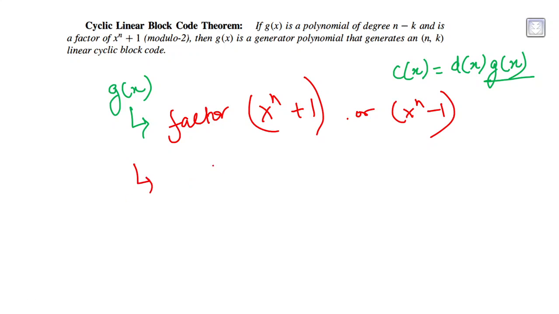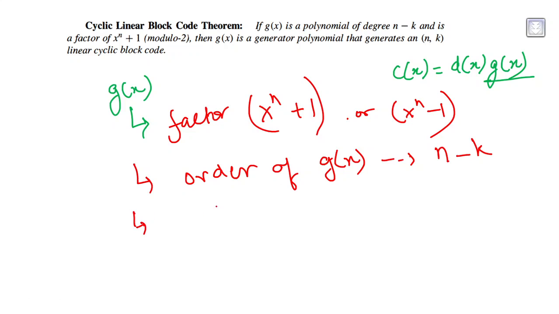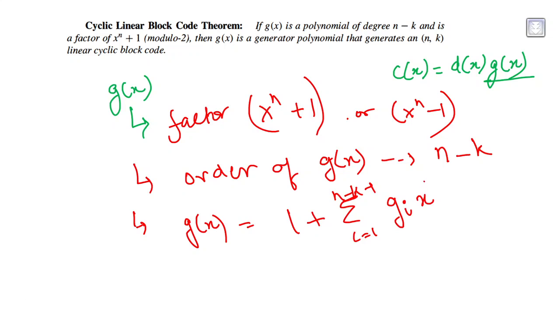The second property states that the order of g(x) must be n minus k. And the third property, which is not mentioned, is that g(x) will be monic, that means g(x) will always be of this form: the sum for I equals 1 to n minus k minus 1 of g of I x^I, plus x^(n minus k), where g of I is either 0 or 1.